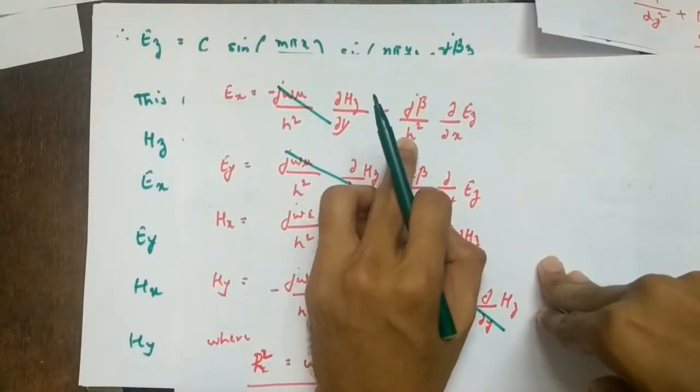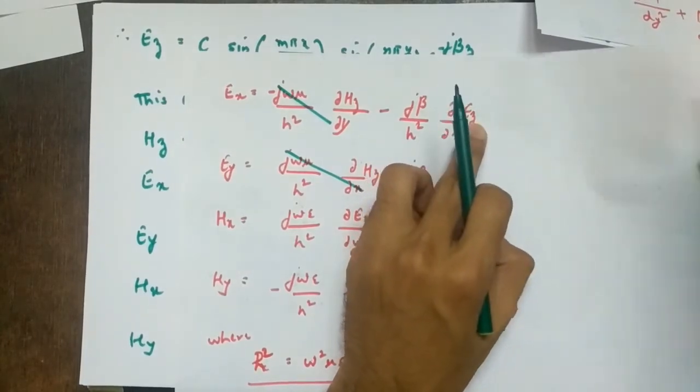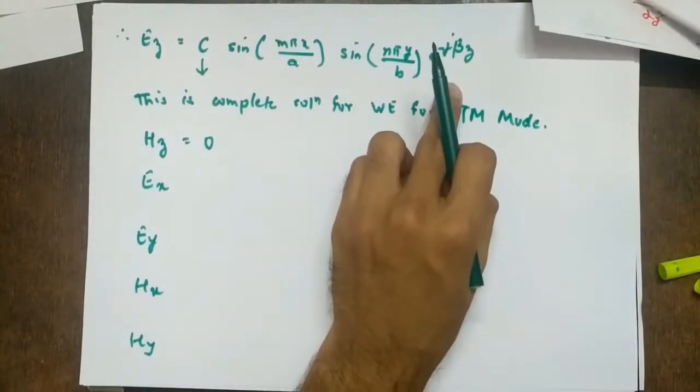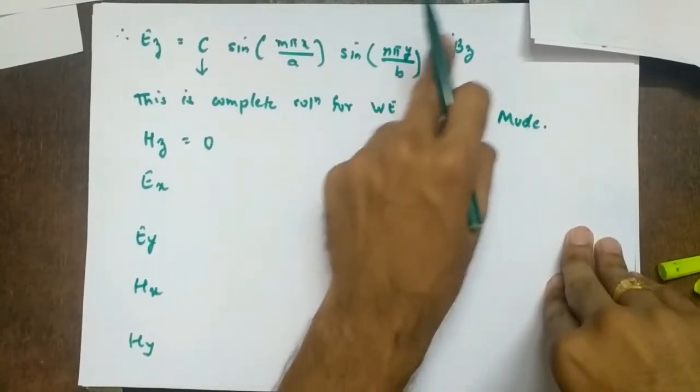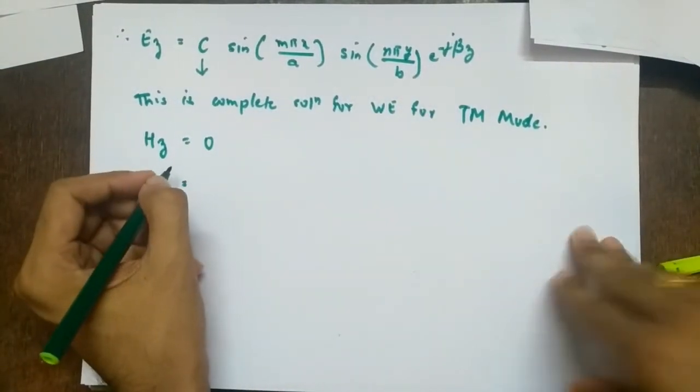So minus j beta by h square delta by delta x Ez. With respect to x, you have to differentiate Ez, right? So it will just be multiple differentiation of this. So I'll directly write the values.